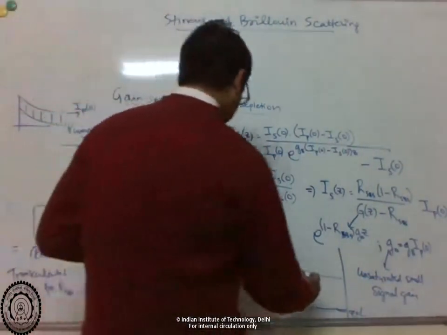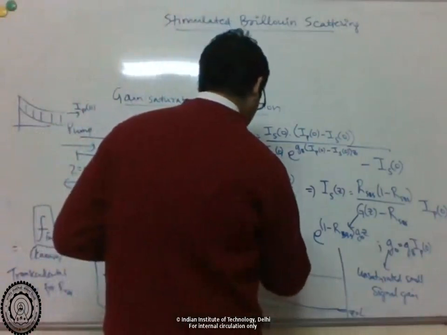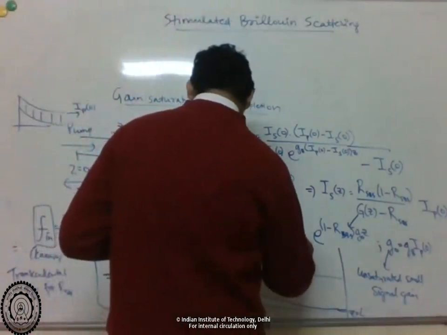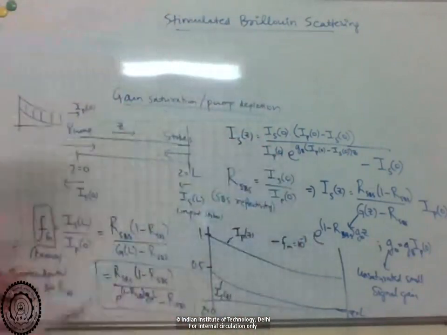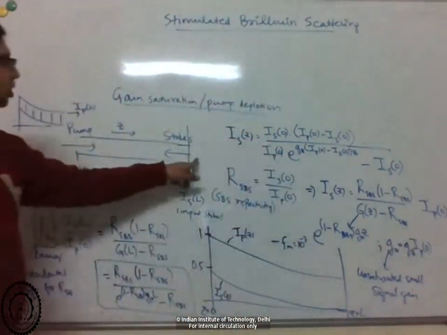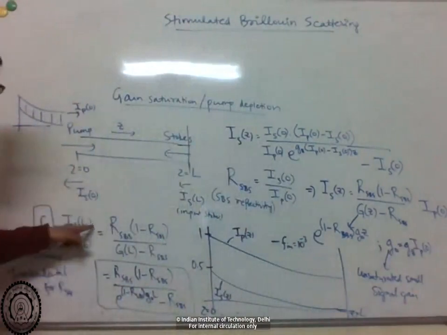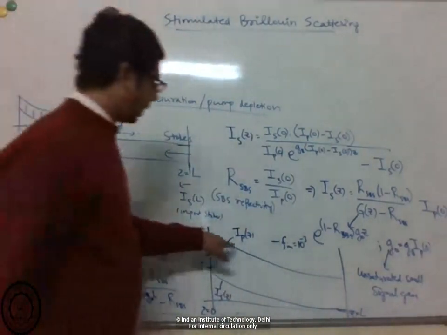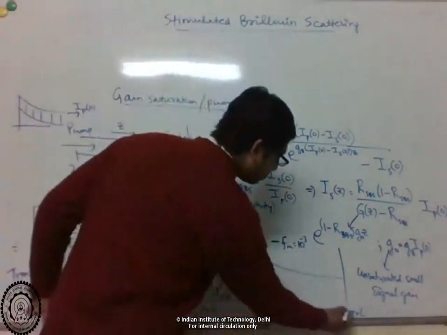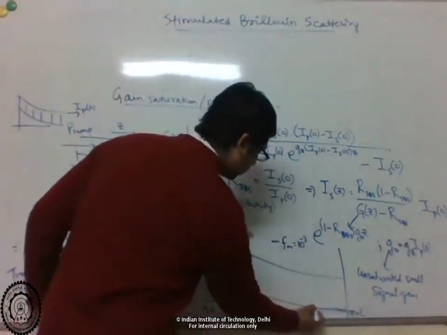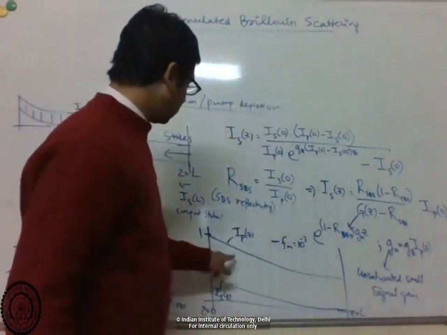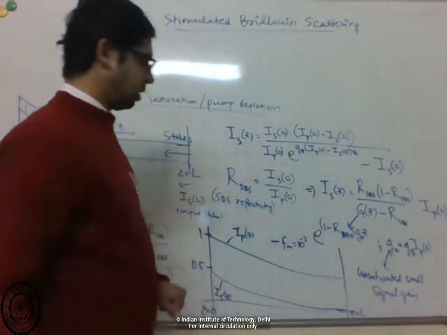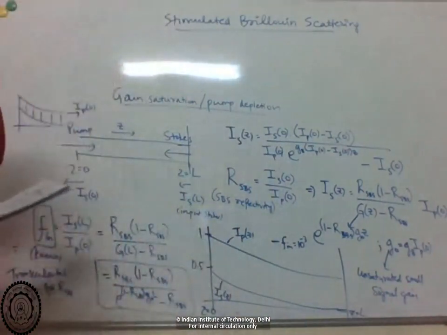So this is, for example, for the solid line, F in equal to 10 to the minus 3, right? Which means my input Stokes from the other side is 1,000th of my input pump. So we get curves like this. So here it starts from basically 10 to the minus 3, and you can see that almost 50% of my input pump gets converted to Stokes, right?